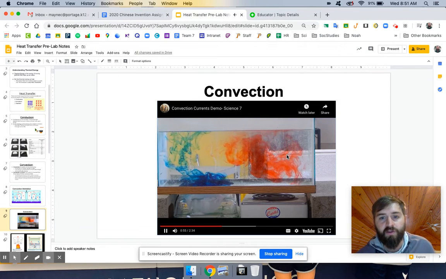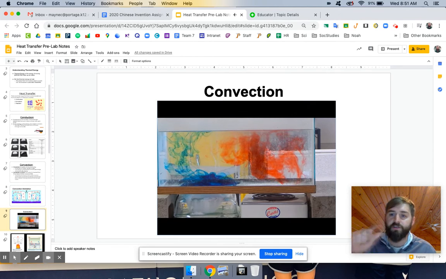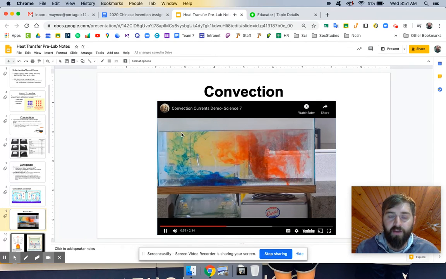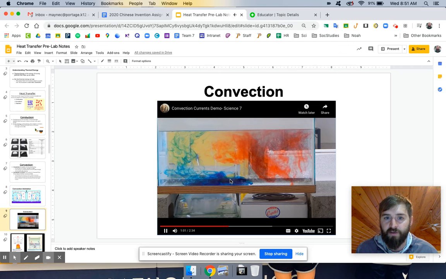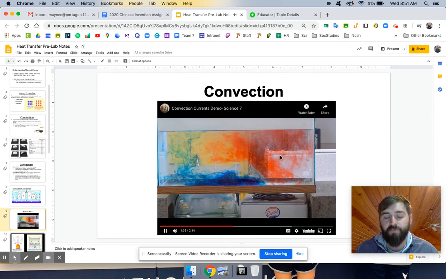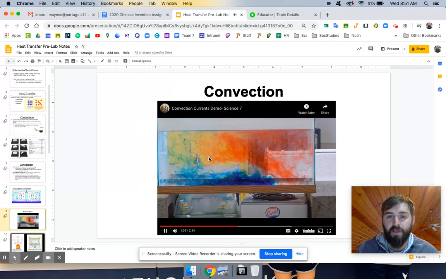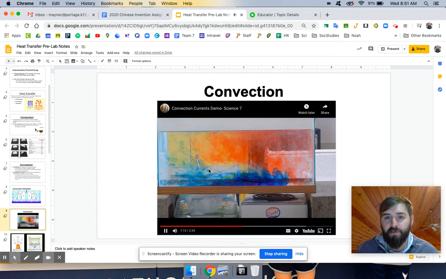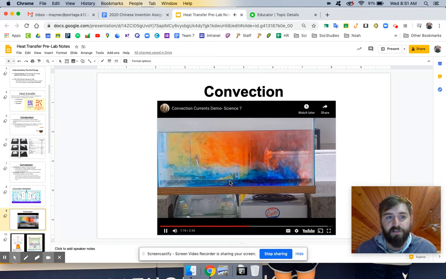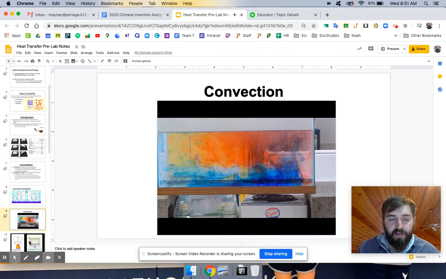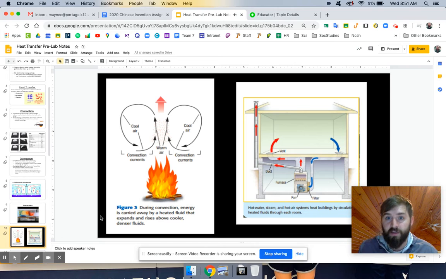Okay, and then the current starts working, and it's going to work in a circular motion where you have the cold water coming down, taking the place at the bottom, and then the hot water in the red going up and then to the left here in this video. Okay, now if this were to continue, it's going to keep going back and forth and be spinning in a circle. This is what happens in oceans and things too. But some of the things that you're more familiar with is like our house.